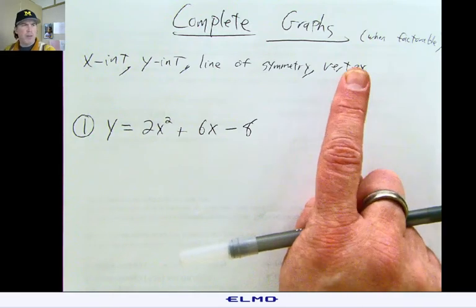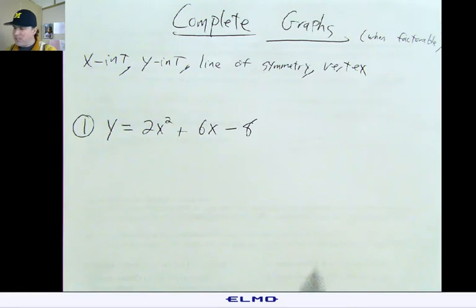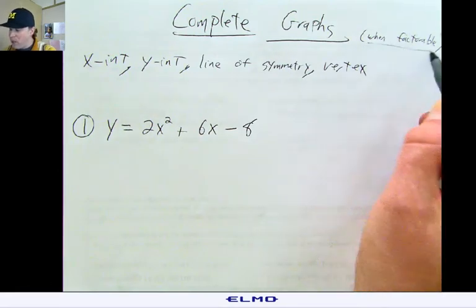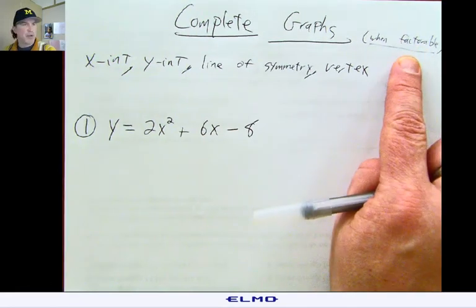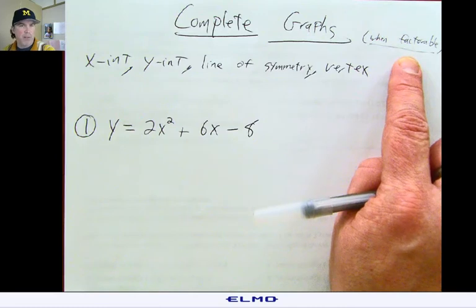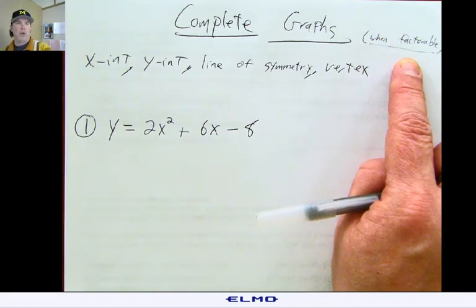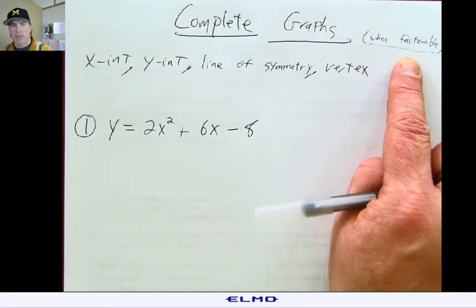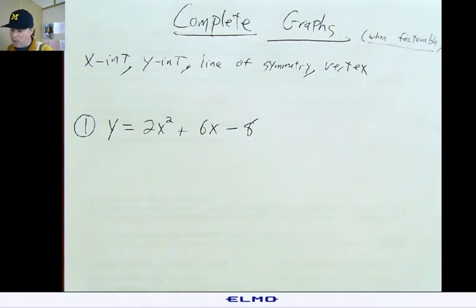It should be noted that all of these problems that we're going to solve in this particular section are factorable. We'll talk about how to handle a complete graph when it's not factorable later on, probably in about a week after we learn the quadratic formula.